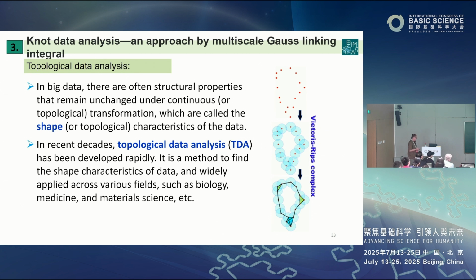In recent decades, topological data analysis, simply TDA, has developed rapidly. It is a method to find the shape characteristics of data and is widely applied across various fields, such as biology, medicine, and materials sciences.